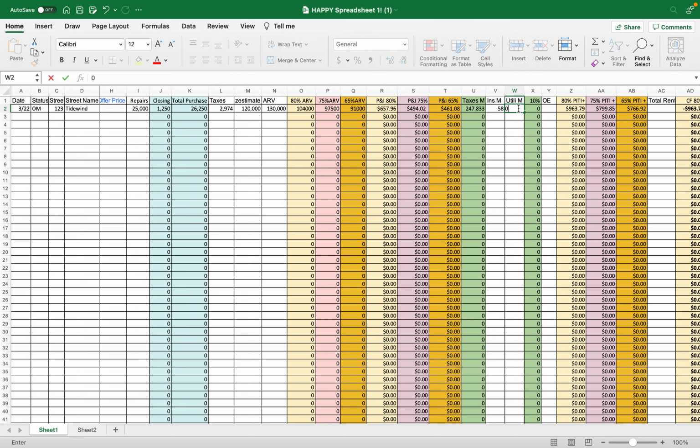I'm going to put 0. I'm not going to pay for any utilities. The 10% is what we estimate for expenses, what we set aside every month from each property just for repairs, expenditures, and vacancies, and 10% is low. The reason it's low is because we have been doing this for a long time, so that reserve budget has grown because this is money we set aside every single month.